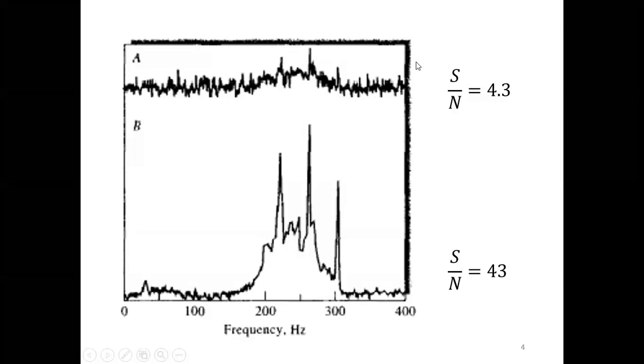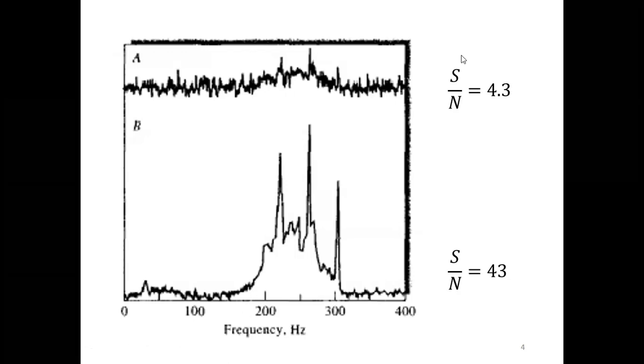But in the same sample, when we do the NMR analysis and increase the signal to noise ratio to 43, that means 10 times that of spectrum A, now we can clearly see nice spectral features, right?